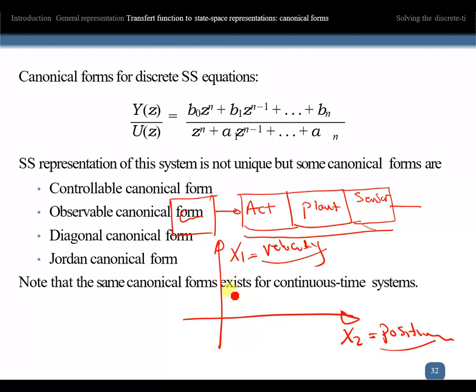For example, I want to reach this velocity and this position. If I can reach these, my system is controllable. If I can know both the position and the velocity, the system is observable. This one we discuss more, I only give you some definitions about observable and controllable.